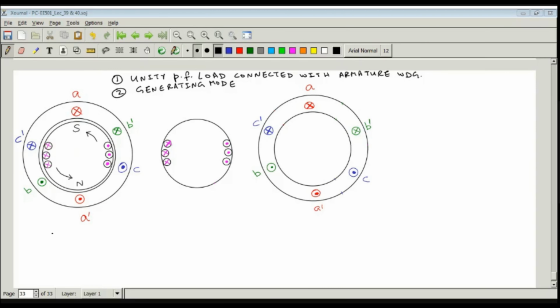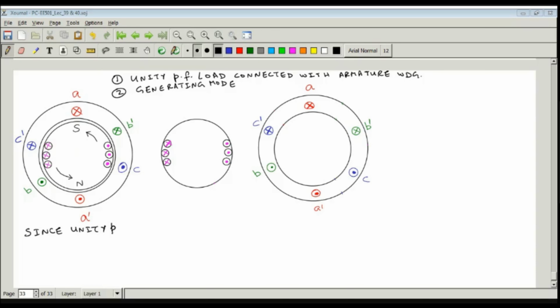So we can say that since unity power factor load is connected, unity means 1. Unity power factor load means that the value of power factor will be 1.